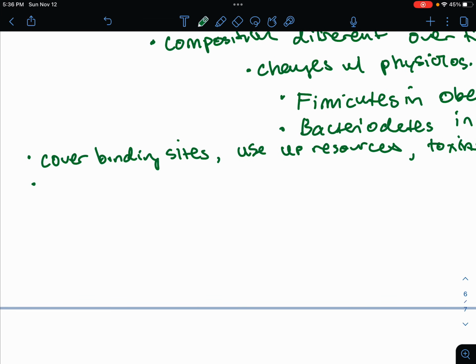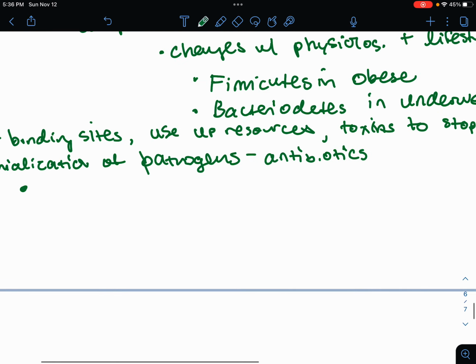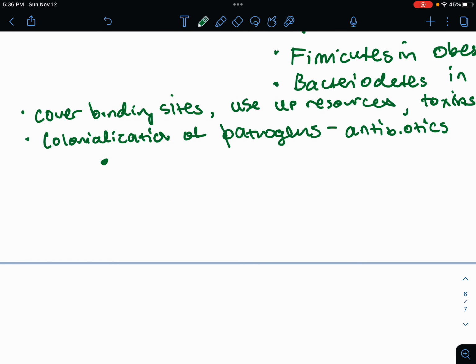When you suppress your normal microbiota by adding antibiotics, you could accidentally cause the colonization of pathogens. So if antibiotics are misused, we could have the inhibition of lactobacillus.